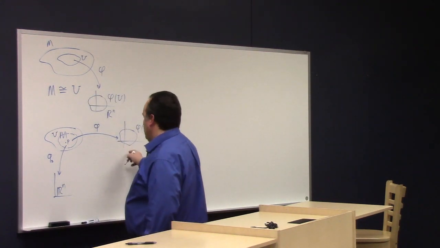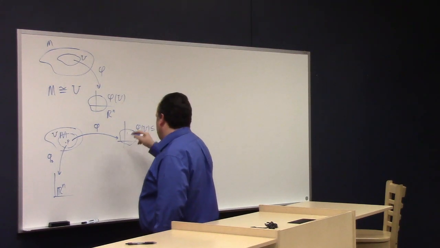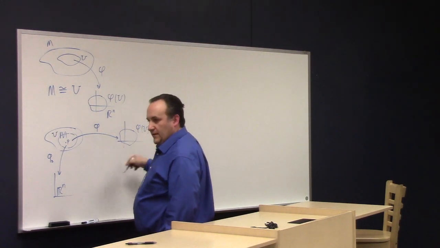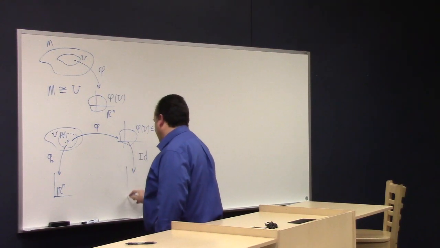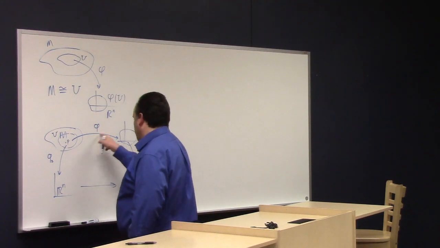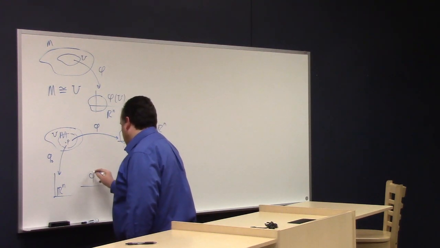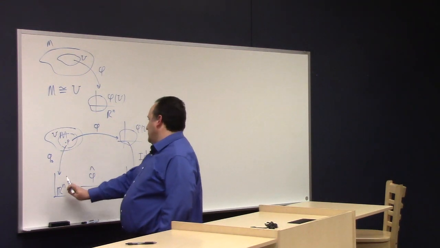And of course, this is kind of dumb. You almost don't need the picture, because what's the chart on R^n? We just use the identity, right? So what's the local coordinate representative of this chart, as in John Lee's notation, phi hat? It's equal to what?